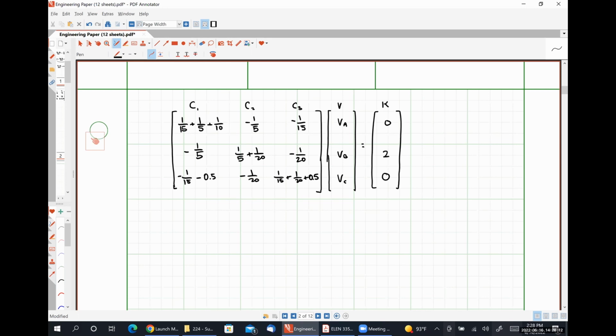All right, so if you enter this coefficient matrix into your calculator, as well as your constant term matrix, and solve this system simultaneously, what you will find is that the voltage VA comes out to be about 16.7 volts.